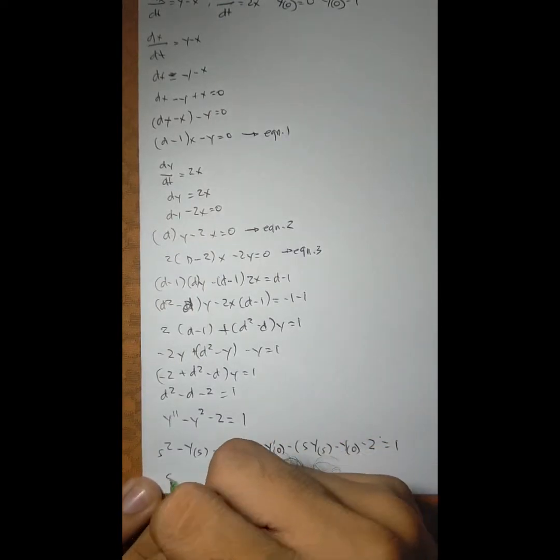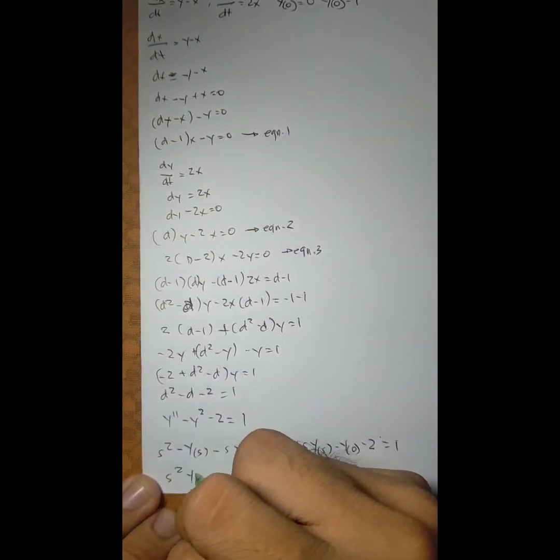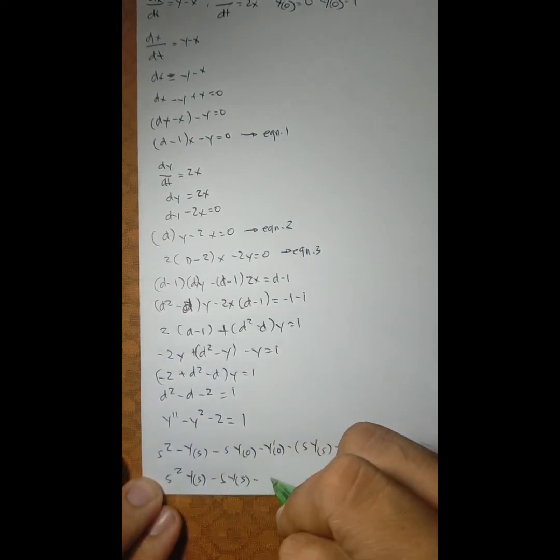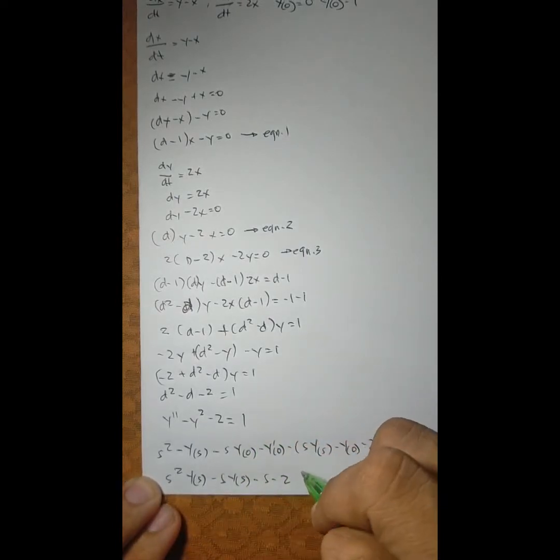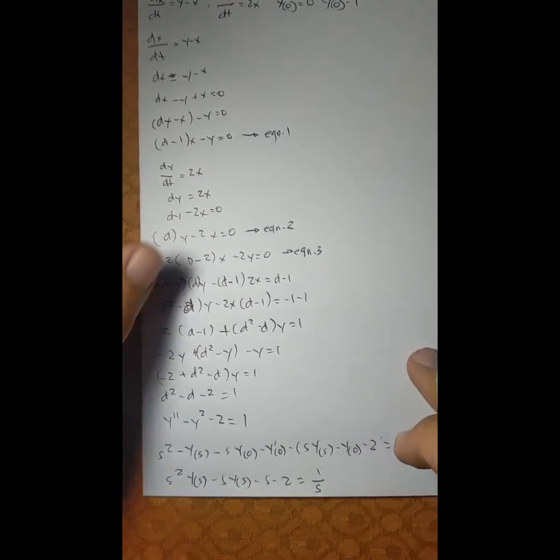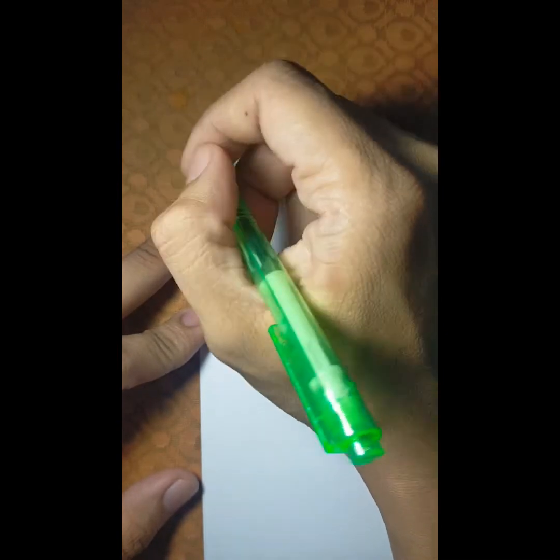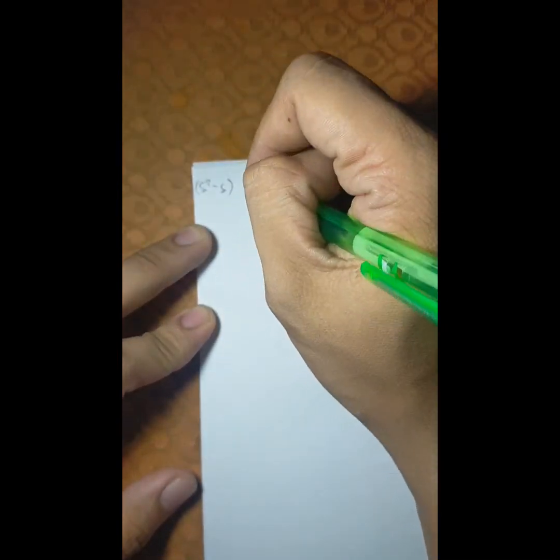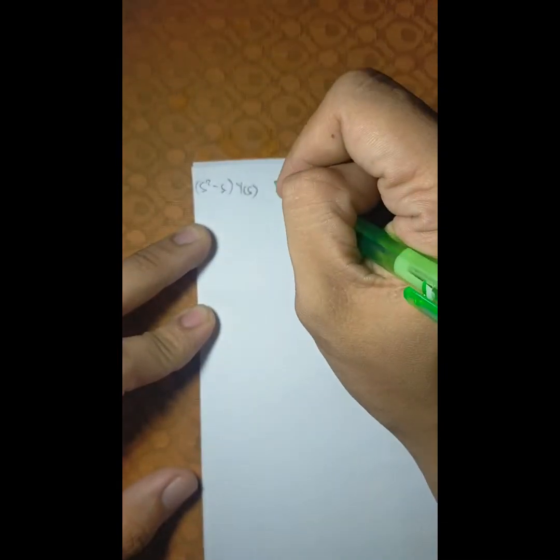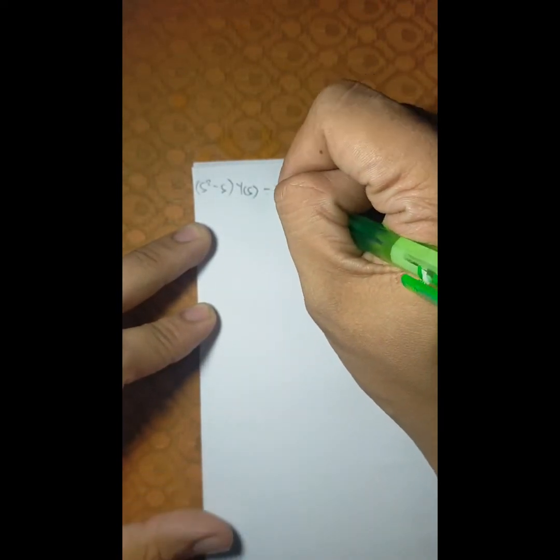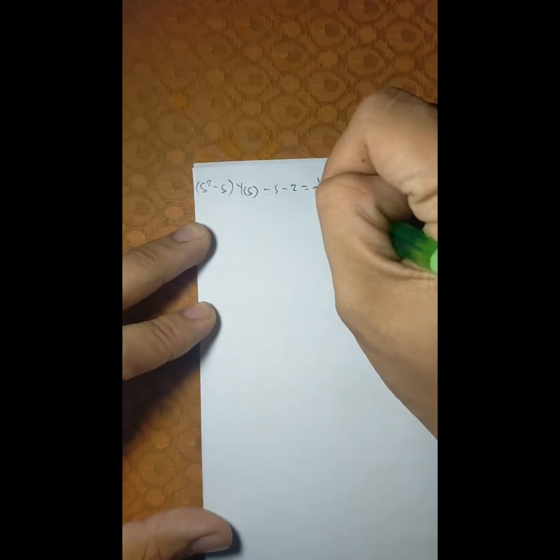So we have s squared y sub s minus sy sub s minus 2 equals to 1 over s. So we have s squared minus s y sub s minus s minus 2 equals to 1 over s.